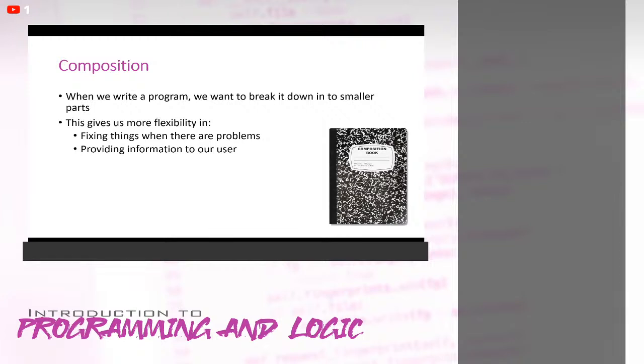Also, in terms of providing information to our user, there are steps that we can skip, and I'll do a demonstration for you in just a moment showing what I mean. But if we skip those steps, then the data that we could have gotten from those steps is not going to be available to us to pass on to our user.